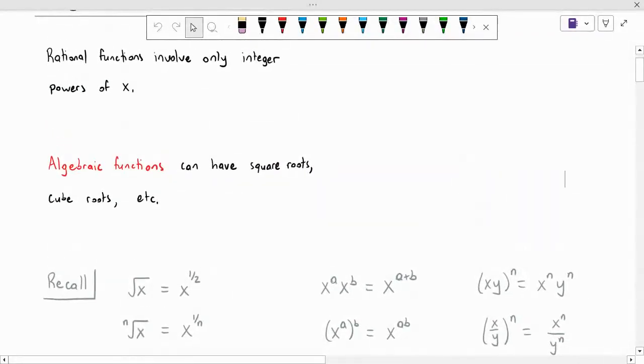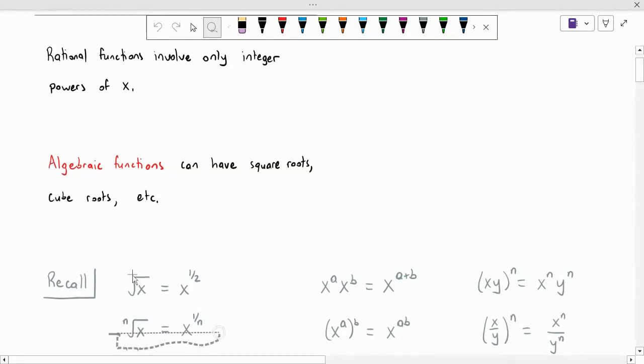Here we have a fraction exponent rather than a whole number as an exponent. Okay. And then remember that a cube root would be x to the power of 1/3. Fourth root would be x to a power of 1/4, and so forth. So in general, the nth root of a number x is equivalent to writing x to a power of 1/n. Okay.